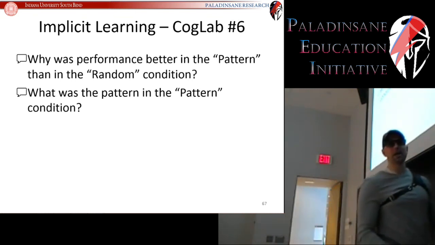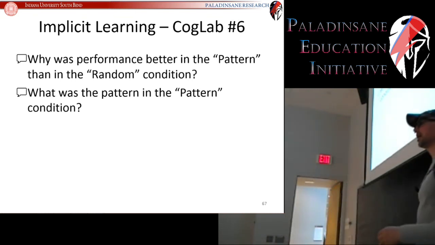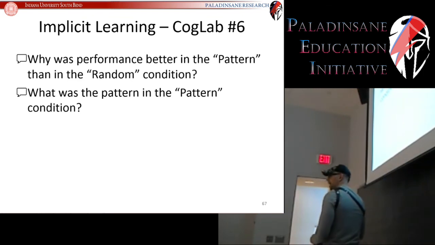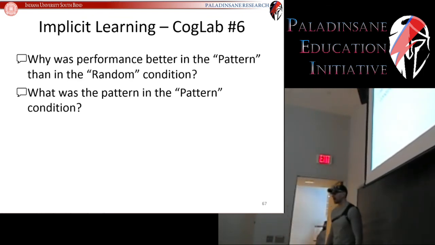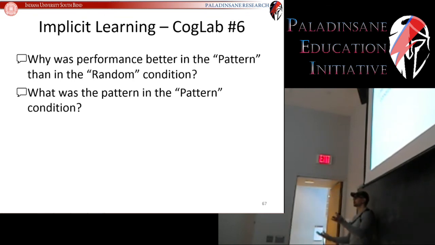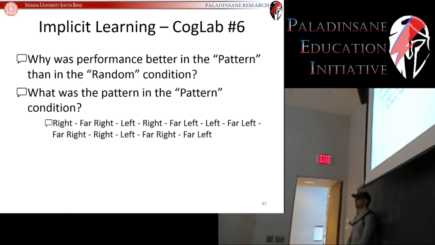This was my backup question in case anybody suspected that they were in the pattern condition. So I'm not even going to ask. Probably nobody noticed that they were in the pattern condition, which probably means that you did not notice what the pattern was. In the pattern condition, this is what the pattern was.